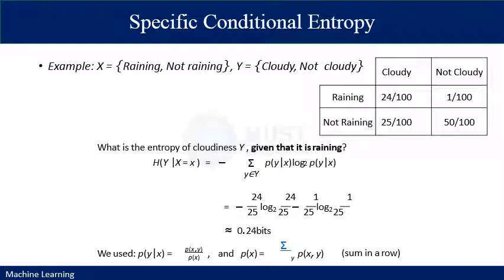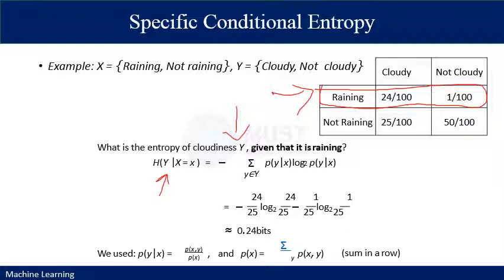So again, you have the same training data set and you would like to find out the entropy of cloudiness given that it is raining. So you will be using this dataset to find the entropy of the cloudiness. It is represented as the entropy of cloudiness given that the dataset is based on the examples of raining only.